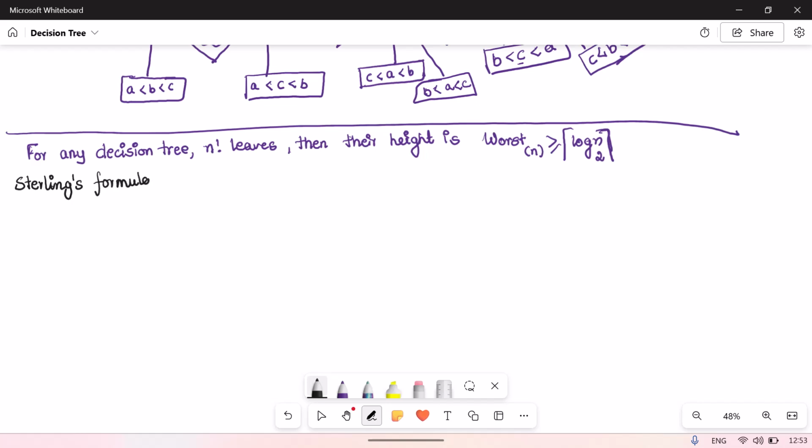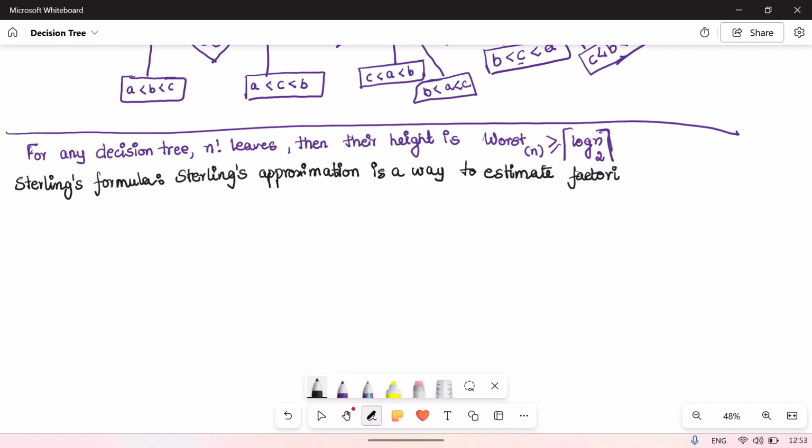Stirling's formula is used to find, let me write here, Stirling's approximation is a way to estimate factorials.